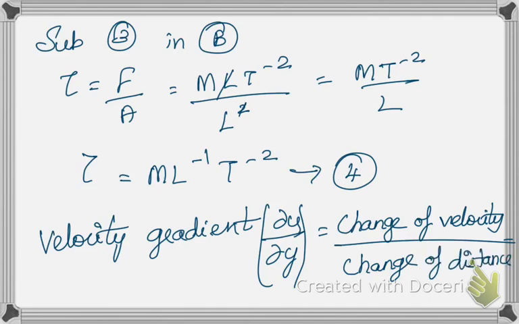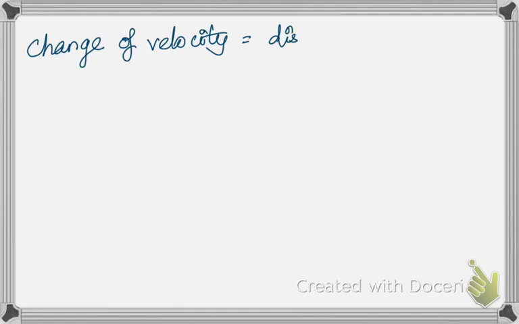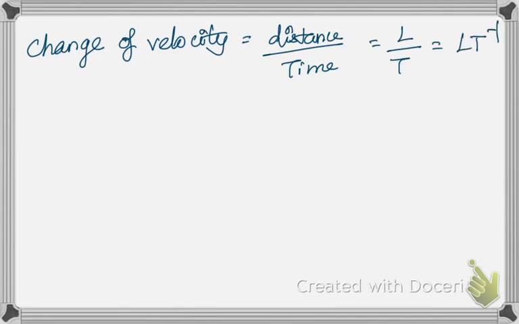This is called my velocity gradient. So what is change of velocity? Change of velocity is nothing but length by time, that is distance by time. So I can write it as distance by time, which is L by T, which is L T power minus 1.